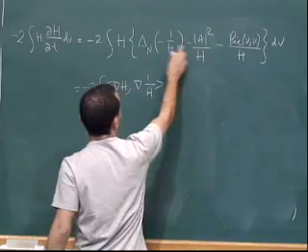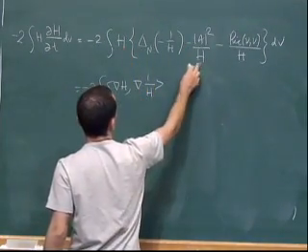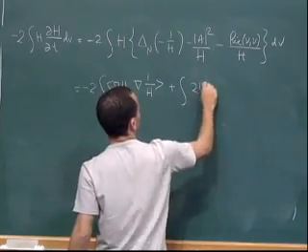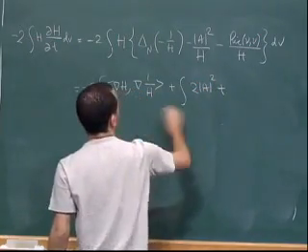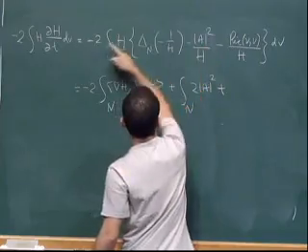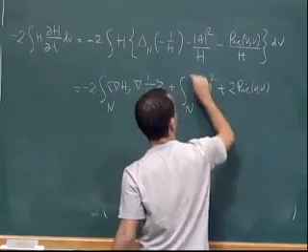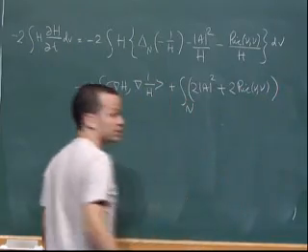The second term, observe that H cancels. So we get the integral of twice |A| squared plus twice Ricci. So that's the formula.